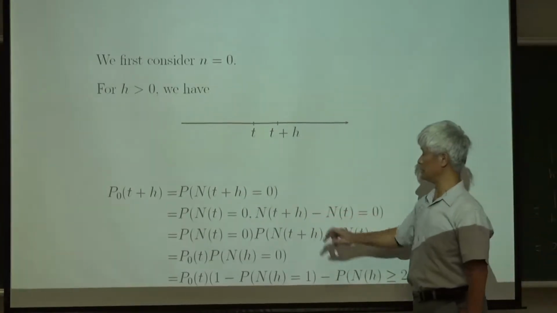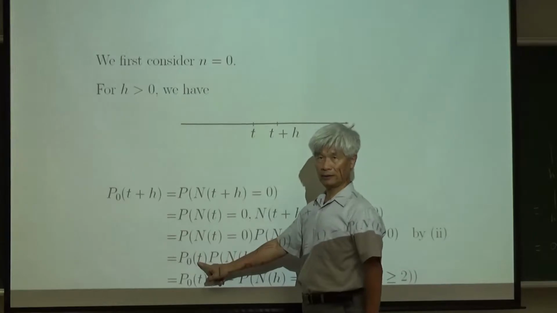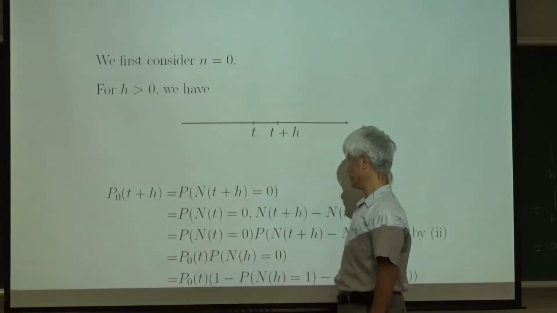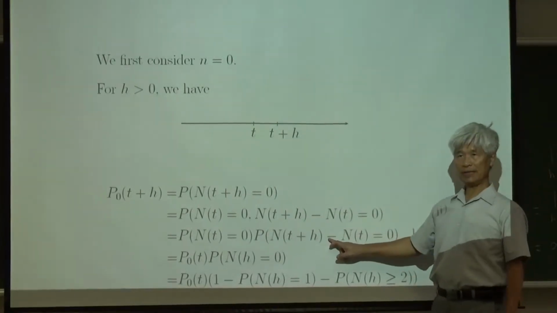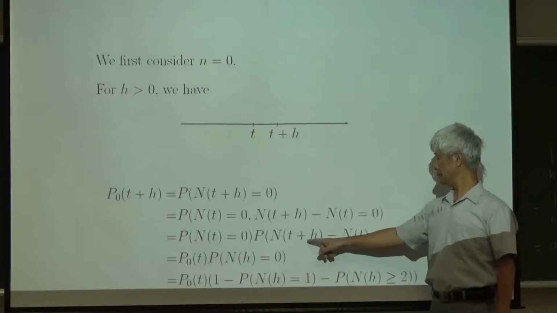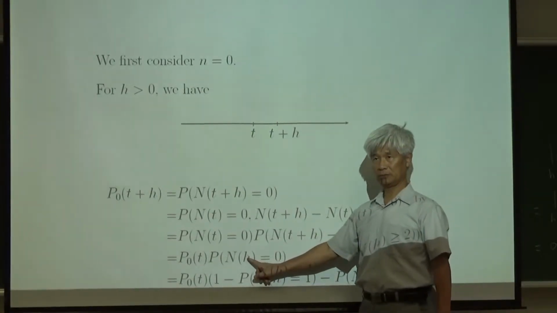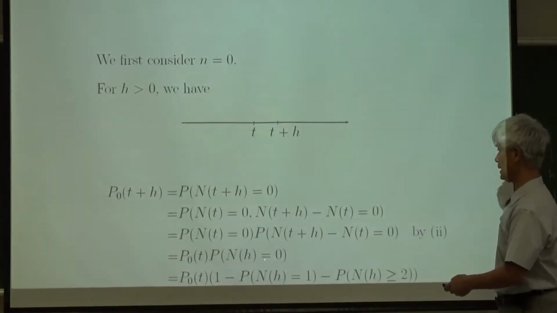And exactly, this is our definition of P_0(t). Okay, so this is P_0(t) here. And what is that? By the stationary increments, this increment is the same as N_h. Okay, so N_h is equal to 0, right?